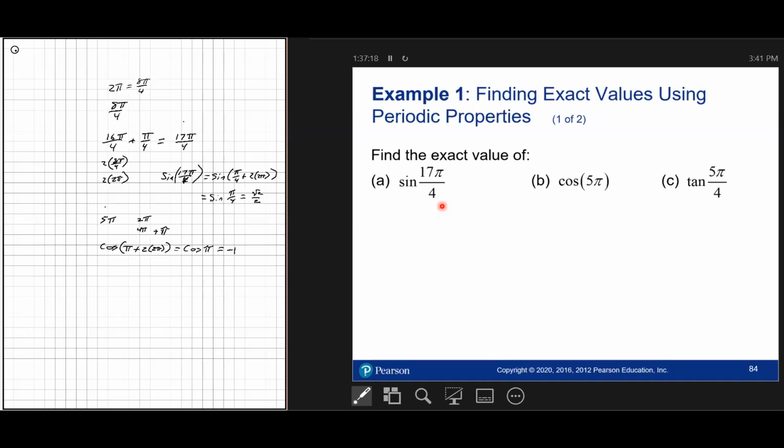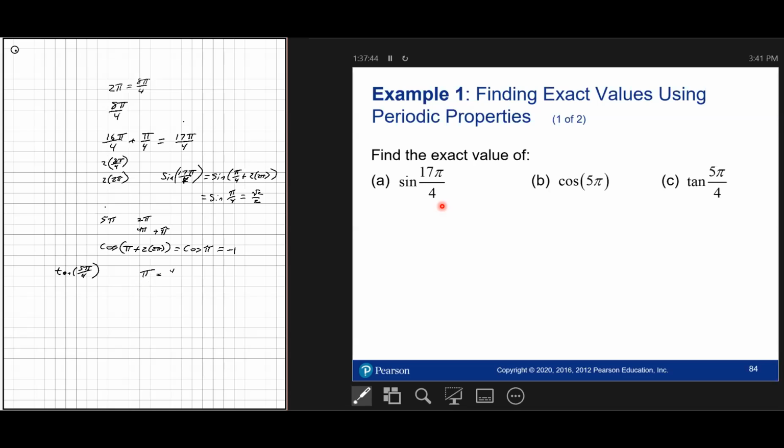And so tangent of 4/5 pi. Okay, this is where it gets, because this is less than 2 pi. I want to do this last one, and then I'm going to call it quits. So we have the period for tangent is pi.